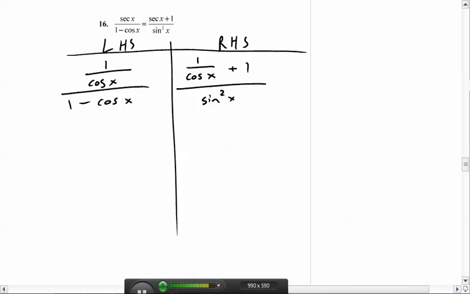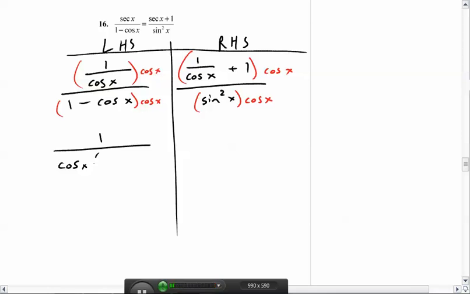And then I'll multiply everything by the lowest common denominator on the top and the bottom of the fraction to get rid of these complex fractions. I'll leave the denominator in factored form. That helps me to cancel anything. Cos times 1 over cos is 1. Cos times 1 is cosine x. I'll leave the denominator in factored form.